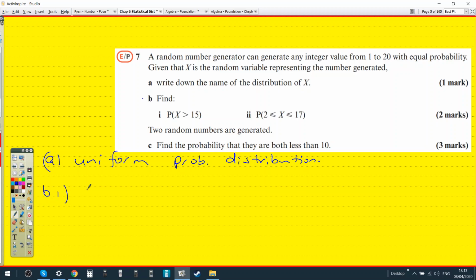And I got 1/5. So 4/20 goes down to 1/5, is it? Yeah. Can you get the number 20 from this generator?